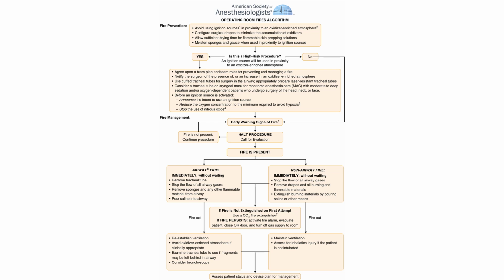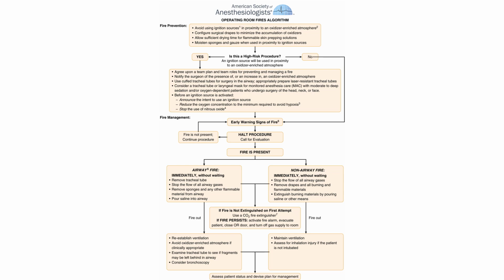For a non-airway fire, immediately, again, stop the flow of all airway gases, remove the burning and flammable materials, and extinguish the fire with saline. Next, maintain ventilation. If the patient's not intubated, assess for inhalation injury or the possibility for inhalation injury. If the fire is not extinguished on the first attempt with saline or water, then you can use a fire extinguisher, even if it's on the patient.